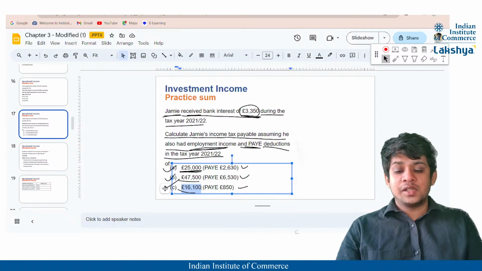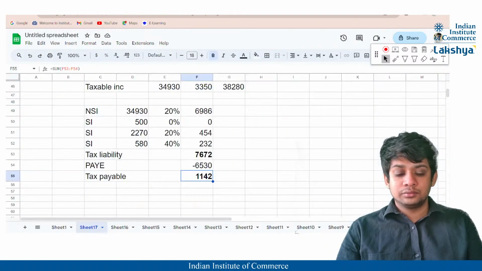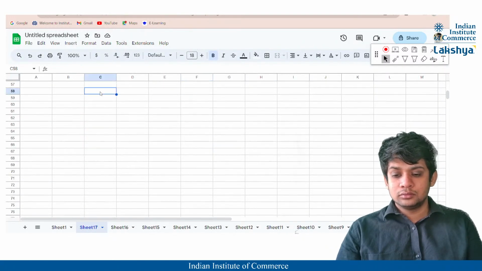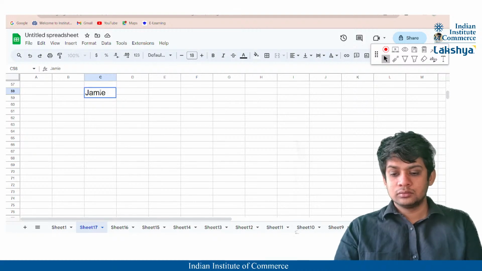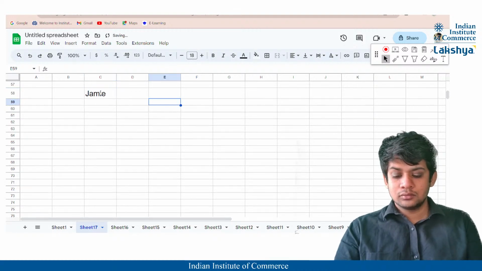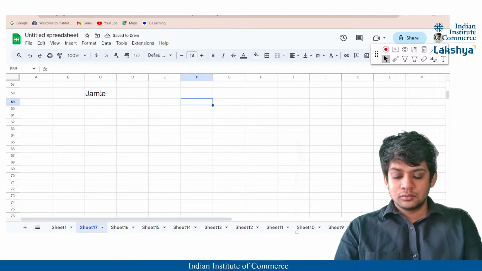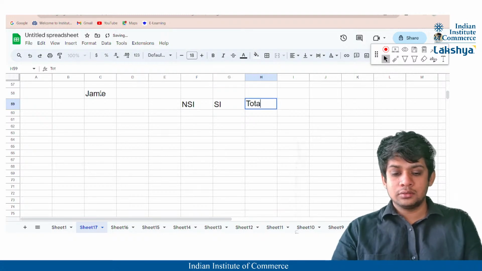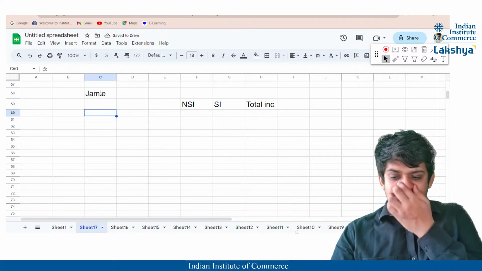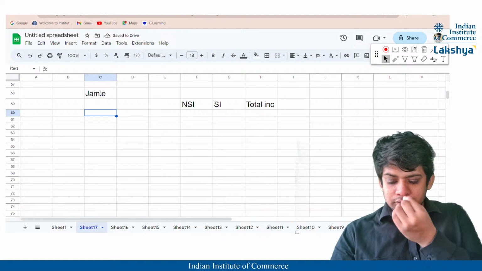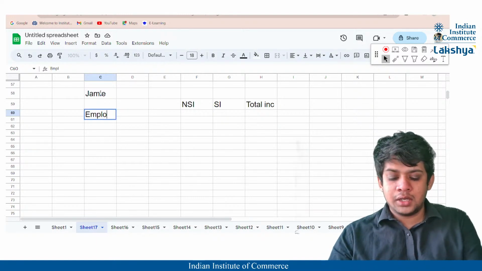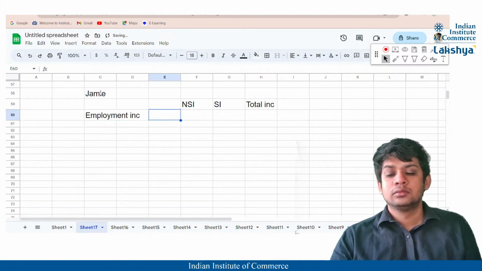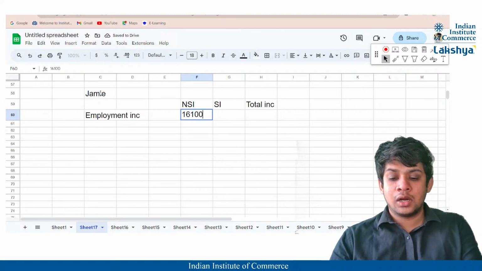Lastly, his employment income is 16,100 pounds. Non-savings income, savings income, and total income. So here, firstly, we will take his employment income, which is 16,100.